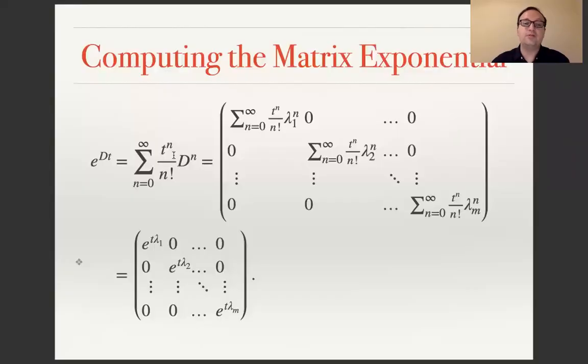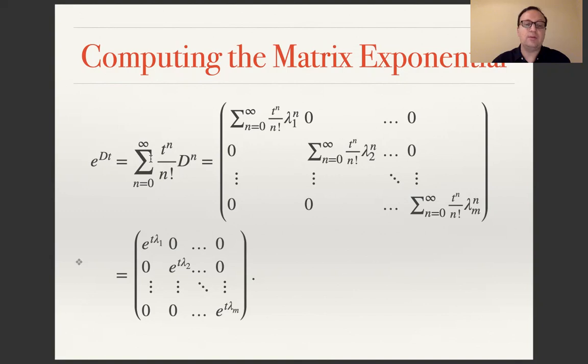So now we use this fact about D to the n in the definition of the matrix exponential e to the D t. So e to the D t is the sum of t to the n over n factorial times D to the n. But each matrix D to the n will just have lambda 1 to the n, lambda 2 to the n, up to lambda m to the n on the main diagonal and 0 everywhere else.